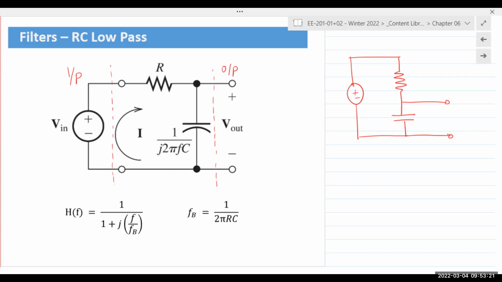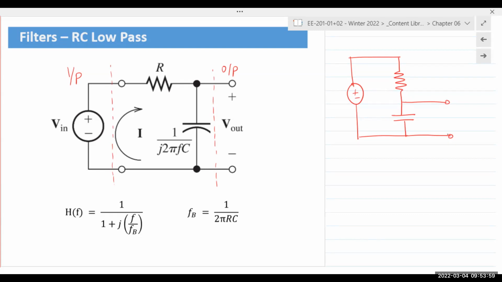Now, there is a derivation in the book for non-E major classes. I typically do not do the derivation, but I'll explain the steps. It's a series connection and you're applying V in, right? So if this were two impedances in series, we can combine them into one single impedance, ZEQ, which would be R plus ZC. Then you find the total current I going into the circuit, or you apply voltage division and simply find the output across that capacitor.